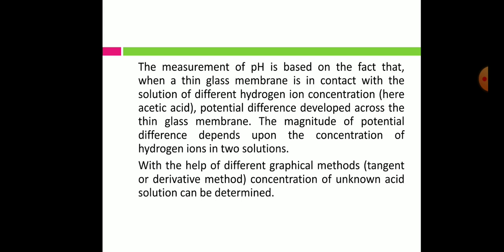Now, here the mixture which we are using is acetic acid and NaOH, which is a weak acid strong base mixture. So the equivalence point of this mixture will lie towards a pH more than 7, and the jump of pH will take place in that region.